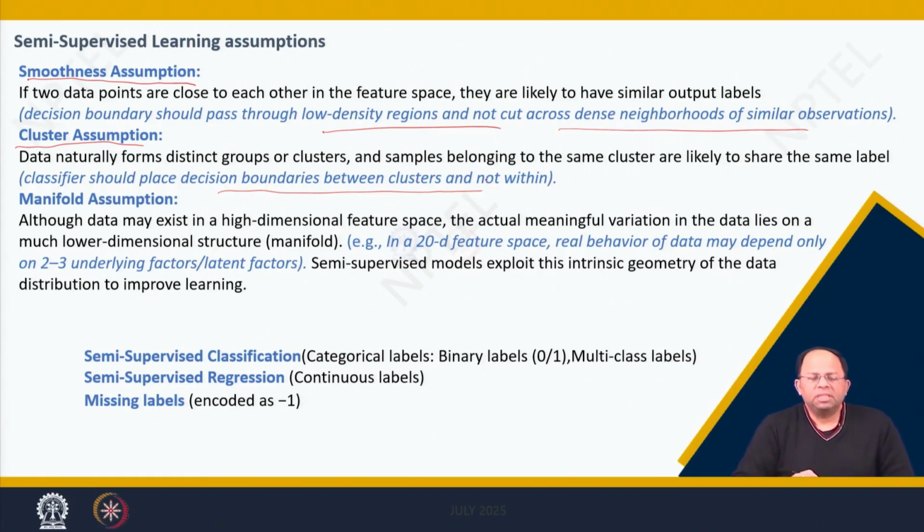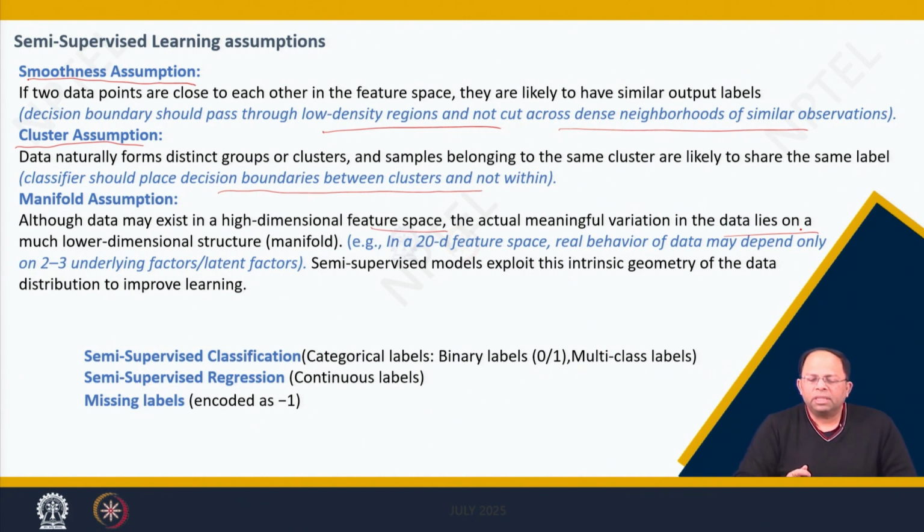Then the third assumption is the manifold assumption. What it says is that data usually exist in a high dimensional feature space. Many features could be there for one particular sample, but the actual meaningful variation in the data lies on a much lower dimensional structure, otherwise known as a manifold.